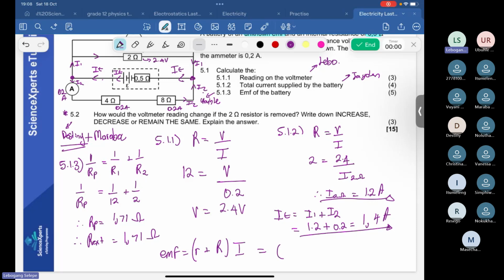So you substituted everything into this formula: the small letter r is 0.5 plus the capital letter R, we just calculated it is 1.71. Remember, capital letter R is R external, right? 1.71 multiplied by the total current. The total current is 1.4. So 0.5 plus 1.71 multiplied by 1.4.